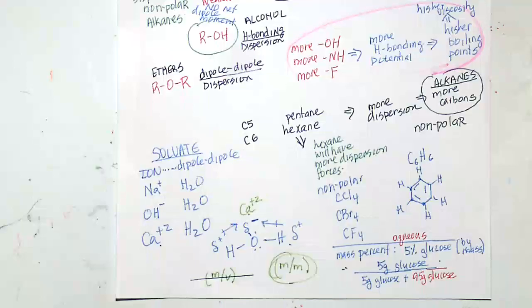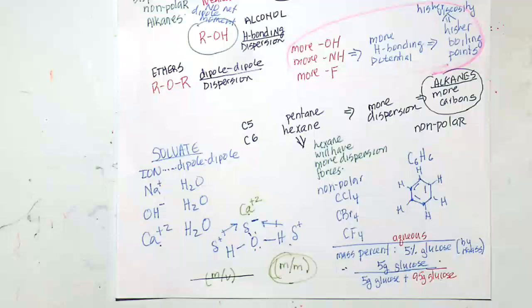Yes, go ahead. What is the normal condition? Oh, yes, thank you. Normal means 1 atmosphere. I totally forgot about that. Thank you. Normal means 1 atmosphere. So if the normal boiling point of water is 100 degrees C, what is the pressure? 1 atmosphere.